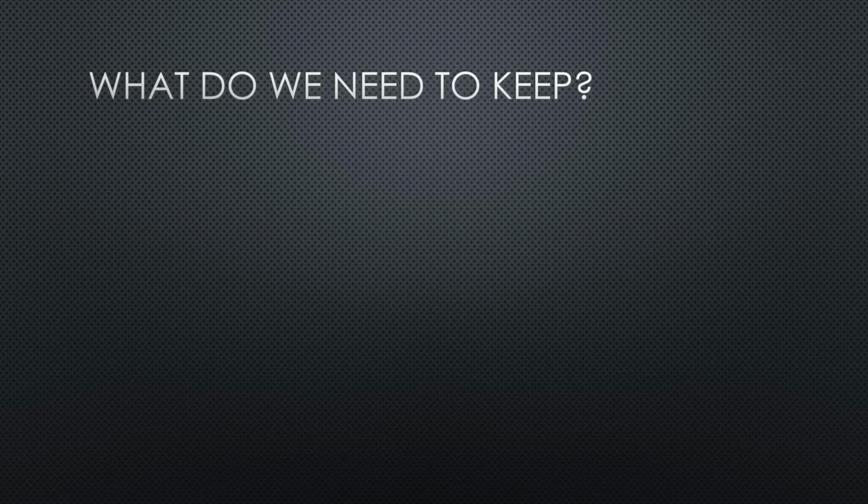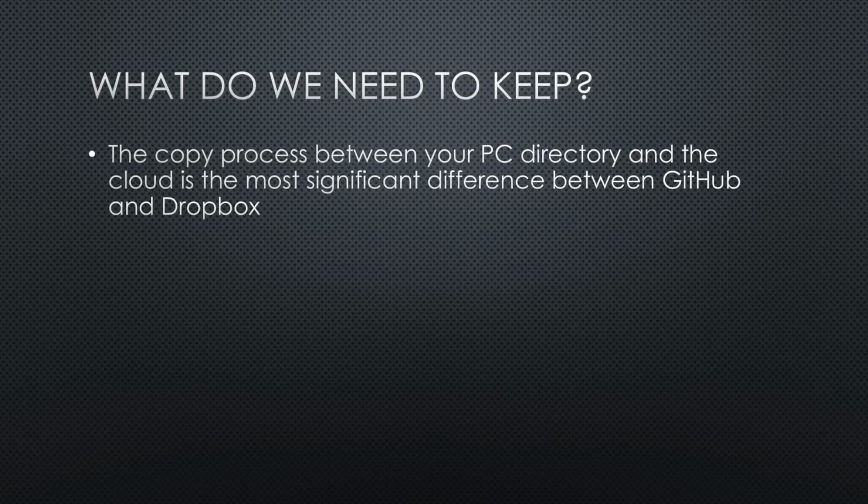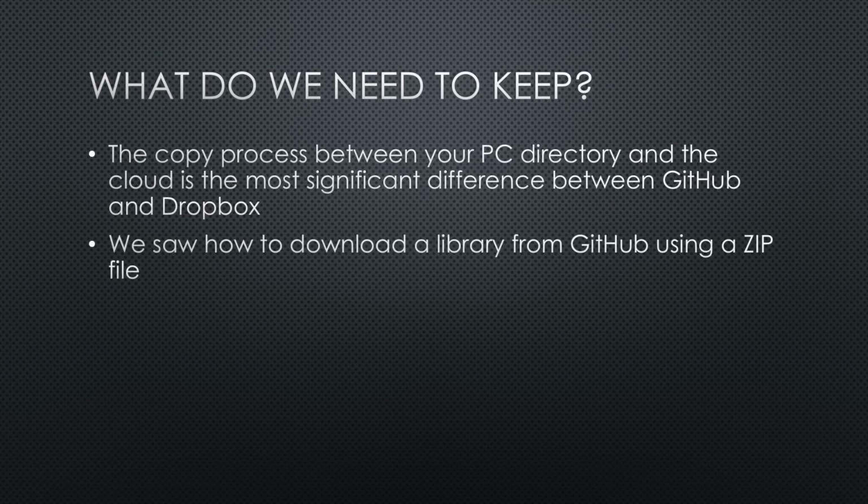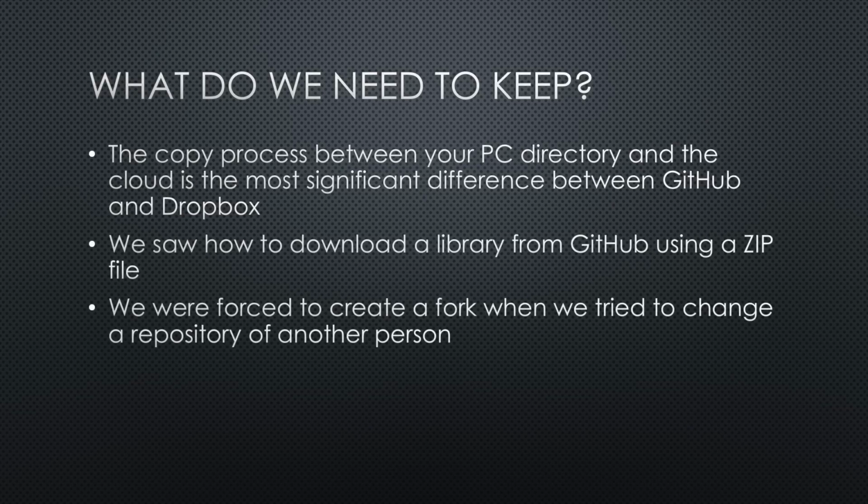What do we need to keep from today's video? The most significant difference between GitHub and Dropbox or other cloud drives is the copy process between your PC directory and the cloud. We saw how to download a library from GitHub using a zip file. We were forced to create a fork when we tried to change a repository of another person.